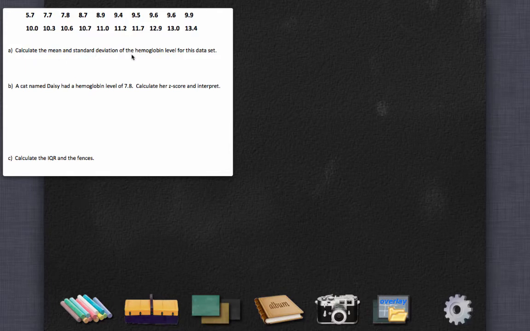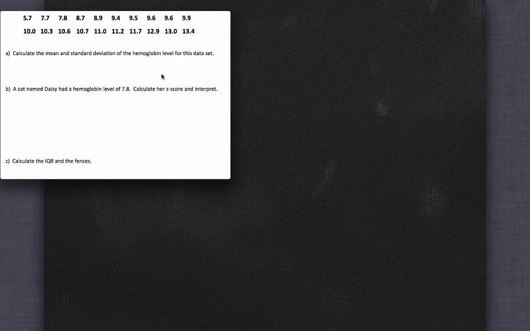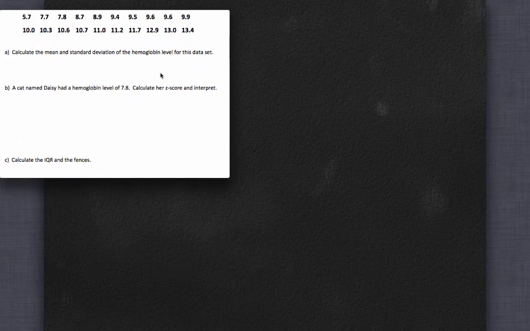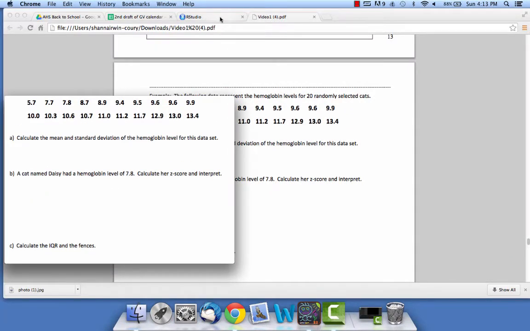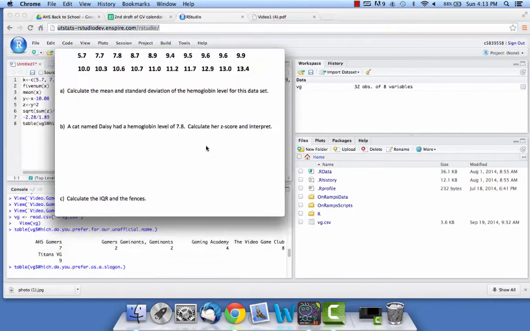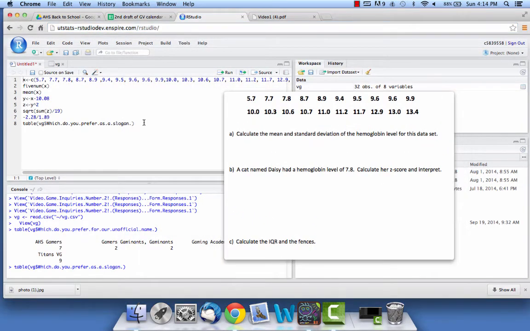Okay, so to calculate the mean and the standard deviation, just to save time on the video, I'm going to calculate the mean here in our studio. I'm going to name it C for cat.